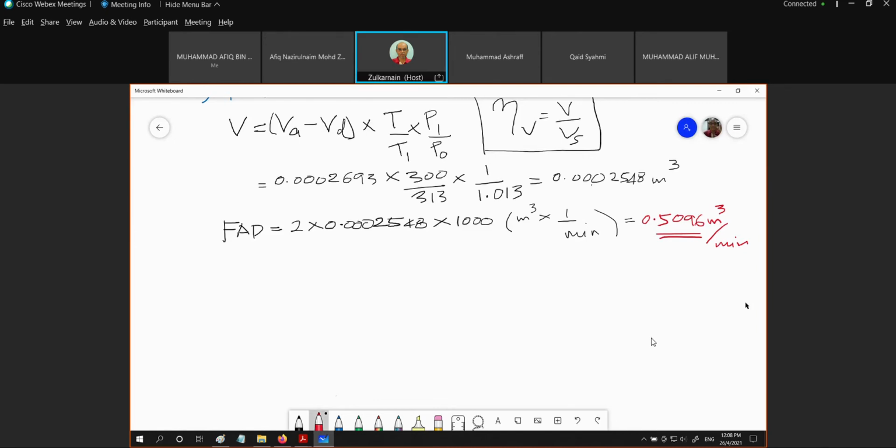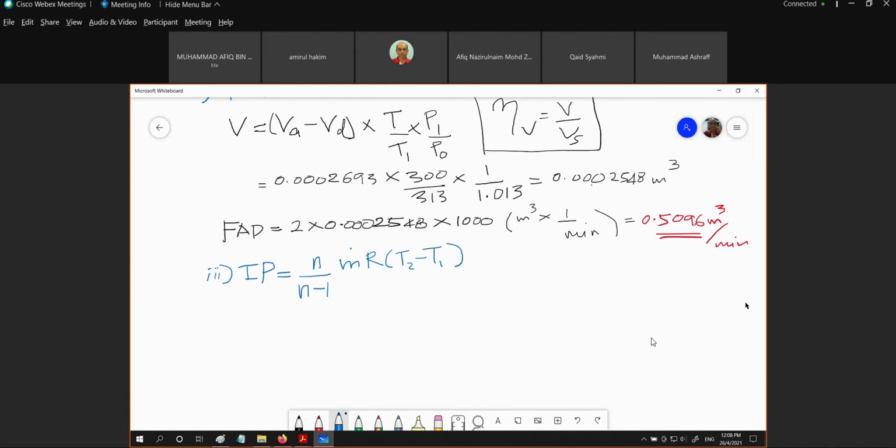So we go next to number 3, which is to get the IP, the indicated power. As usual, what is the formula? N over N minus 1 times M dot R times T2 minus T1.